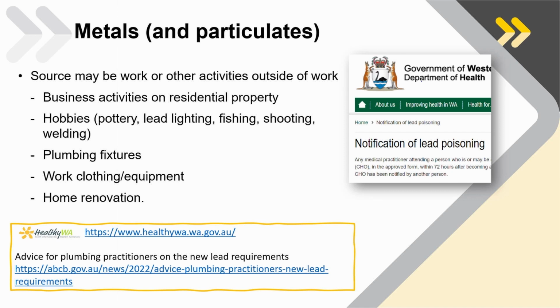They may be undertaking hobbies like pottery, glazing, lead lighting, fishing, repairing their own sinkers, going shooting and coming home without getting changed, or preparing at home, welding, and other jobs and hobbies that might lead to exposure to metals. We've all heard about lead in plumbing fixtures, which is also a potential source of exposure.